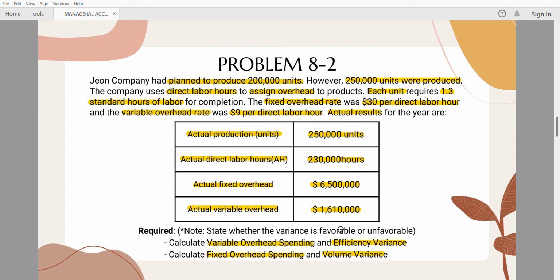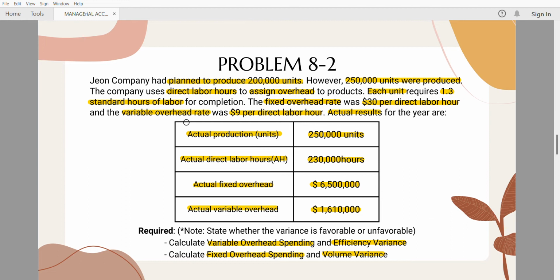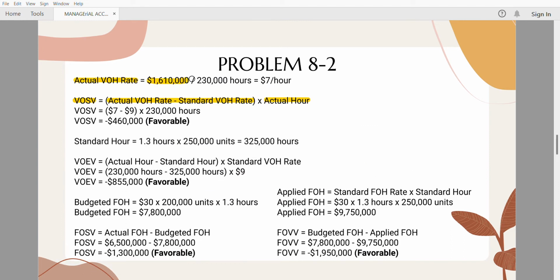For standard, we have the rate ready, which is $9. So we need to find the actual VOH rate first, which is 1,610,000 divided by 230,000 hours. We get $7 per hour.